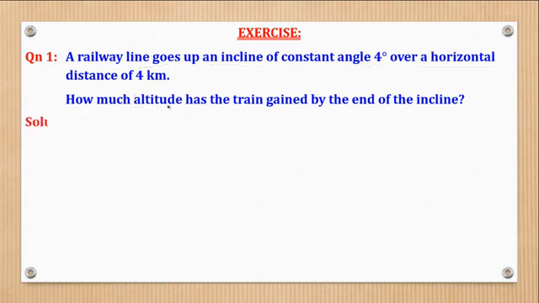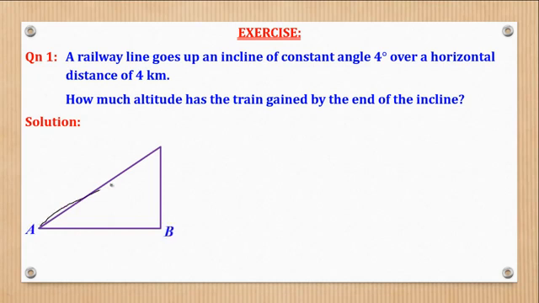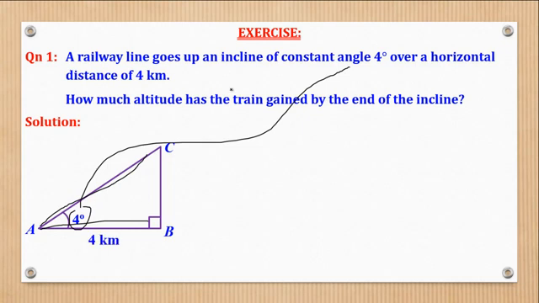So an inclined plane is something like a slope. This is what they call an incline. Then the horizontal distance is this AB. First of all, the angle was 4 degrees. Then the horizontal distance AB was 4 kilometers. Now the altitude they want is this height, so let's call it X kilometers.